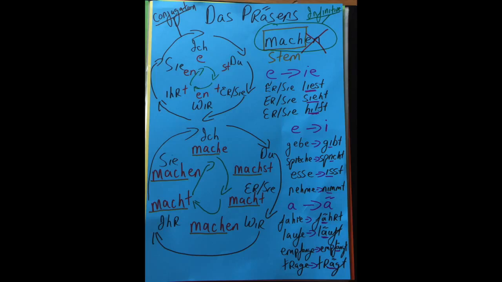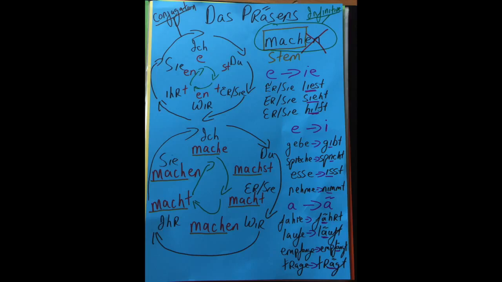As in English, there are exceptions to rules in German, so I've listed common vowel or spelling changes that you would just have to learn by heart or know when you come across them. Sometimes E changes to IE, so you would have: ich lese, sie liest. You'd have ich sehe, sie sieht.